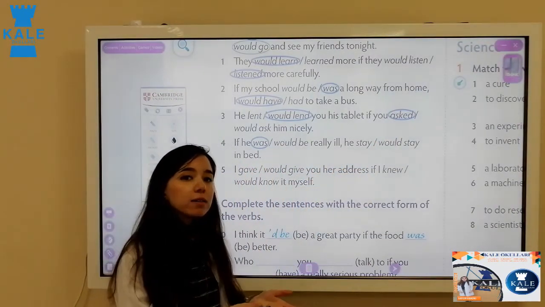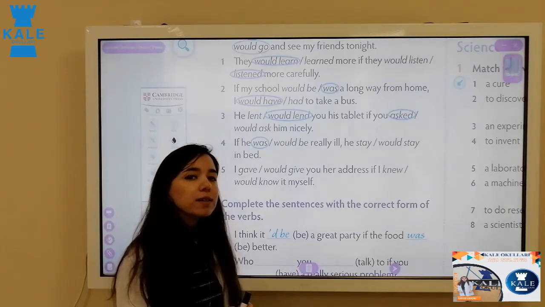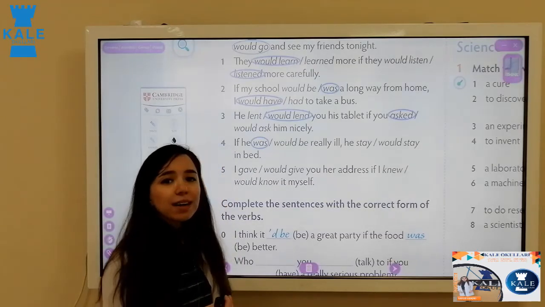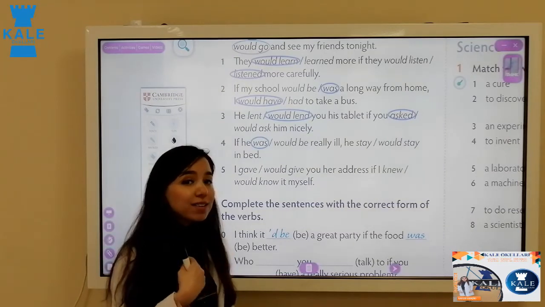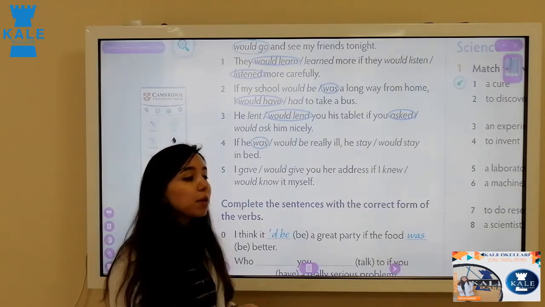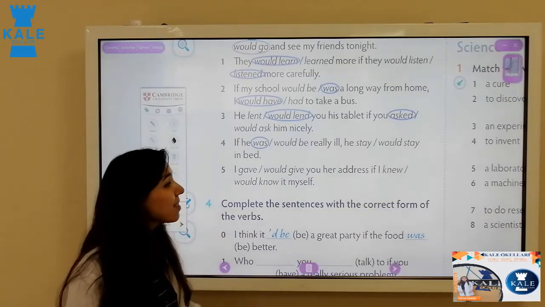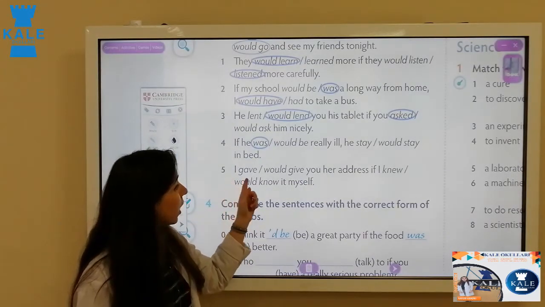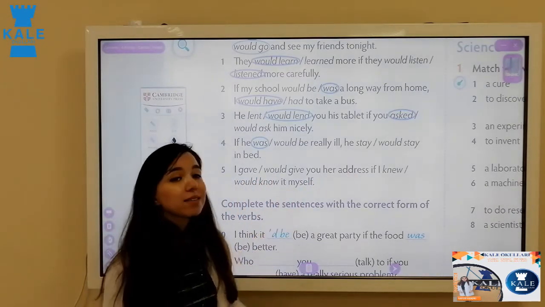So now I understand that I heard from one of my friends that, for example, he is at school. So I said that maybe he wasn't that ill, yes. If he was ill, he would stay in bed. But because he is here at school, it shows that he is not that ill, yes. It's an impossible situation. And number 5, I would give you her address if I knew it myself.